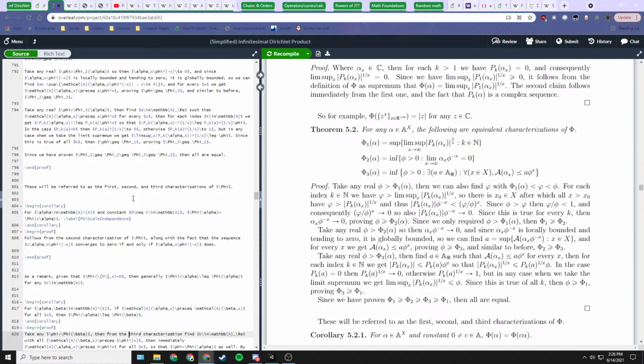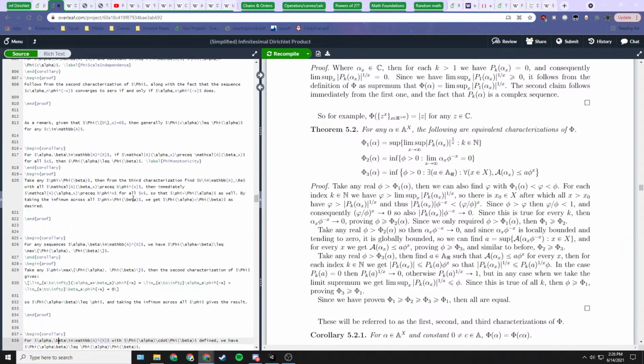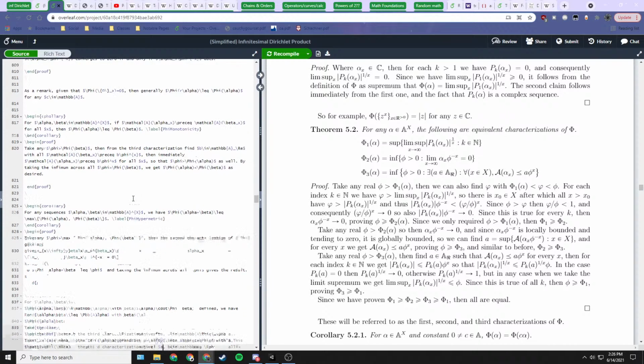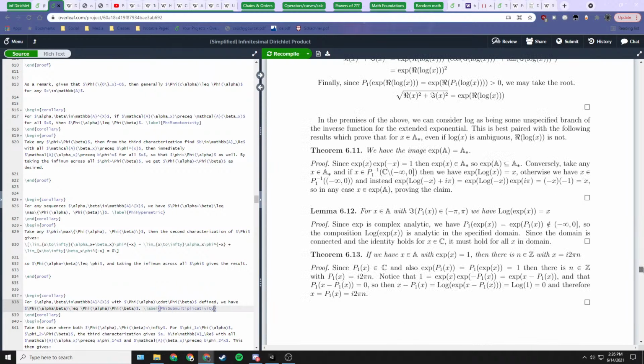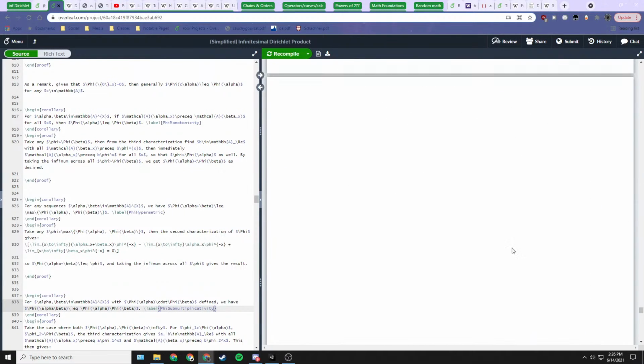We'll label this one phi monotonicity. Label this one phi hypermetric, and we'll label this one phi submultiplicativity, which is a real mouthful. Oh yeah, we can also do monotonicity.